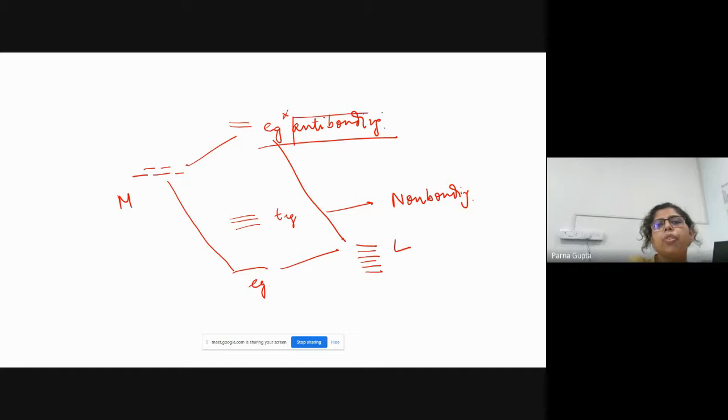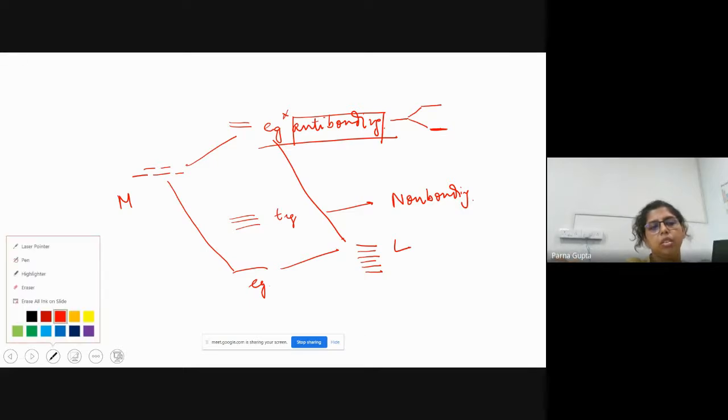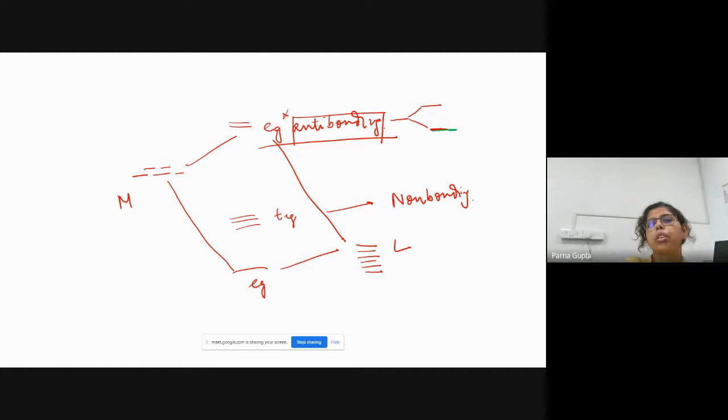Now, if there is a change in electron, so this is the energy change, and here also. So what could be the reason? If you just take a d1 system, and if you just take a d9 system, let me explain.